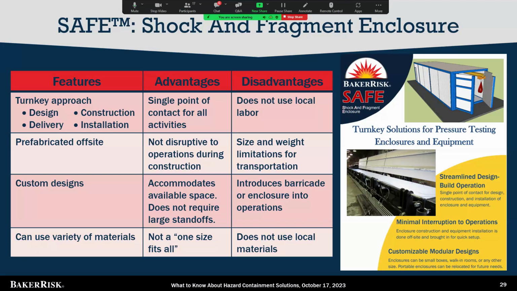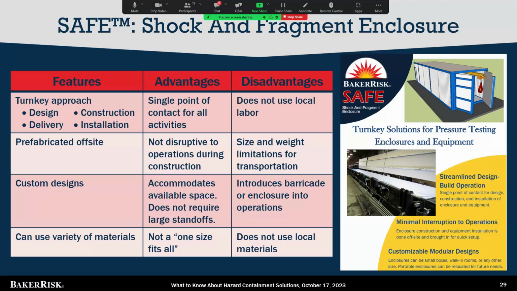The third feature is we can offer custom designs with this. These can also accommodate available space, just like a stick-built option. And it also removes the requirement for large standoffs if it were done in the open, if you were trying to mitigate just with a safe standoff distance. One disadvantage with this is it does introduce a barricade or enclosure, so the operations is going to have to get around that.